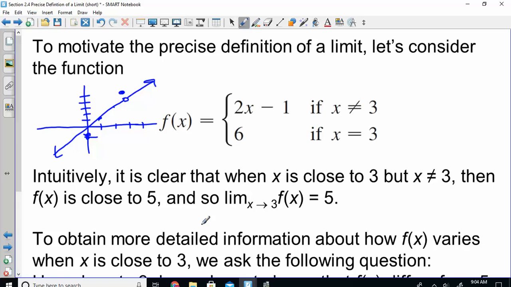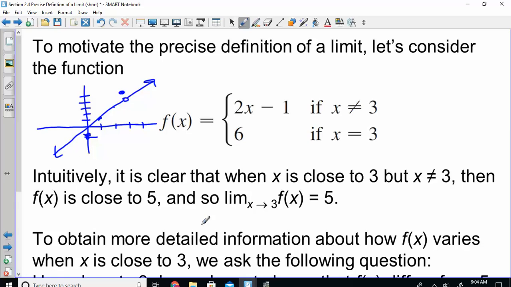So we can see that as we're getting closer to 3, if you're approaching 3, then you are on that line itself. And so from what I told you about limits, we know we could really just plug in and that thing is approaching 5. But at 3 itself, we know it's equal to something different.